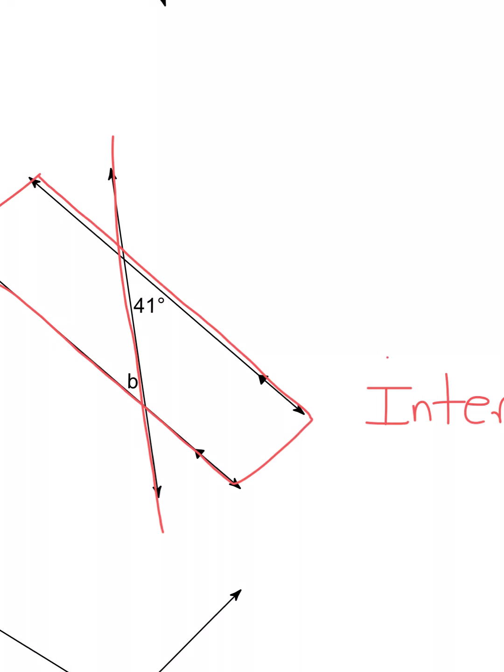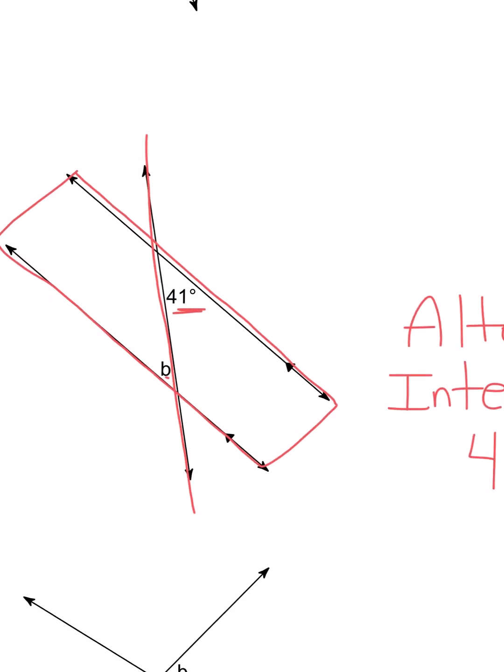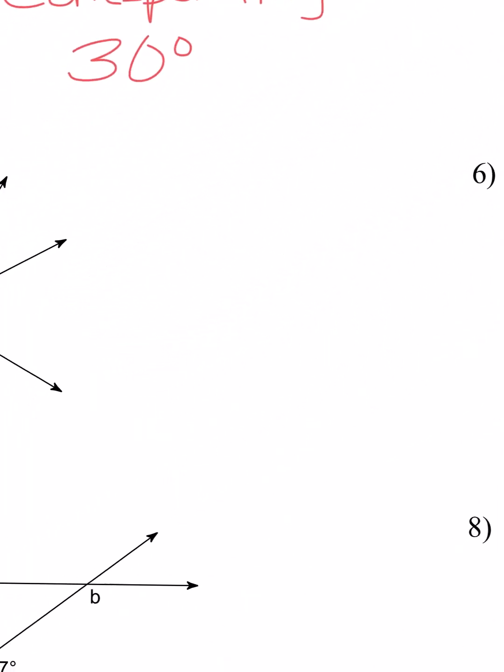Opposite, so that's alternate. Okay, I have my angle pair relationship. Now I need to find the actual angle measure. Do they look the same? Yep. So if one's 41, the other is 41. Can I use alternate interior again? Nope.